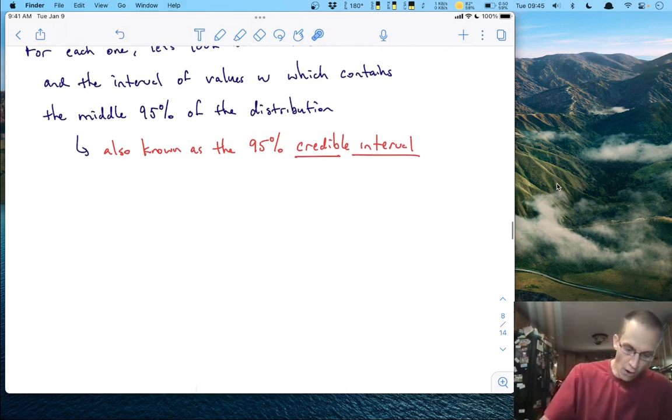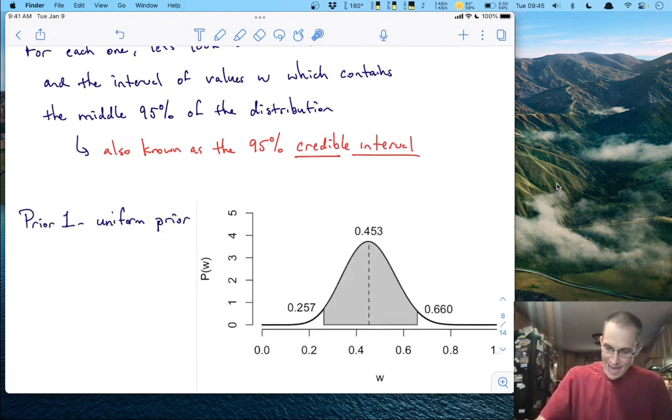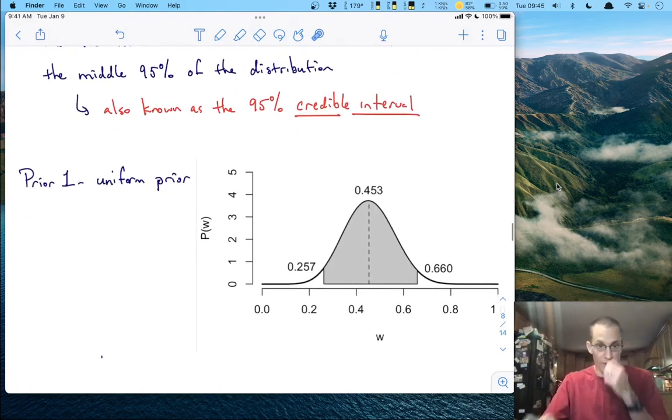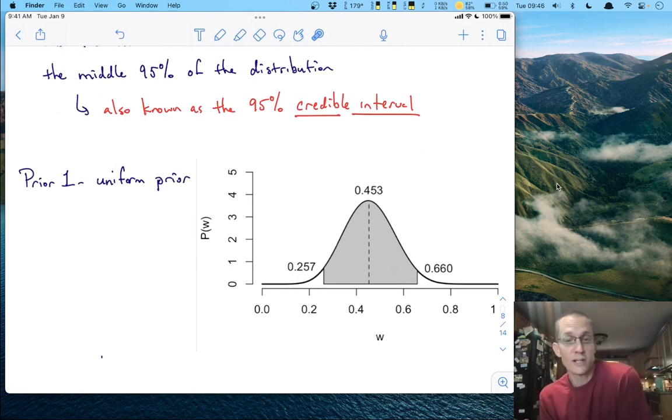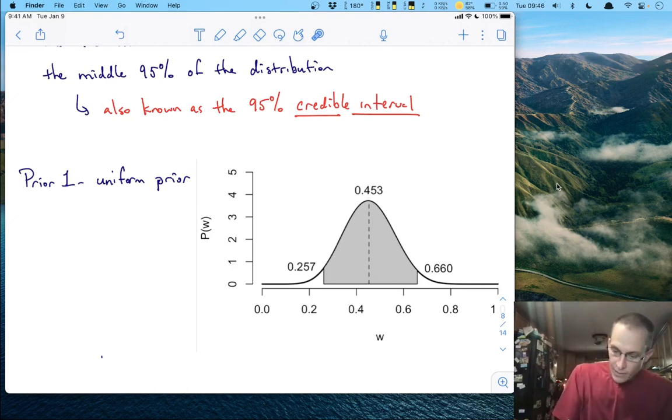So again, I did this in R, but let's look at the results. For the uniform prior, remember, this one looks just like the likelihood function, just like a binomial function. You'll see that the median of this distribution is 0.453. That's really close to the 45% that we would get from 9 divided by 20, so it's not too surprising.